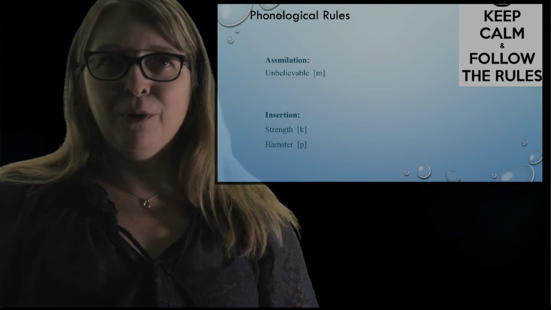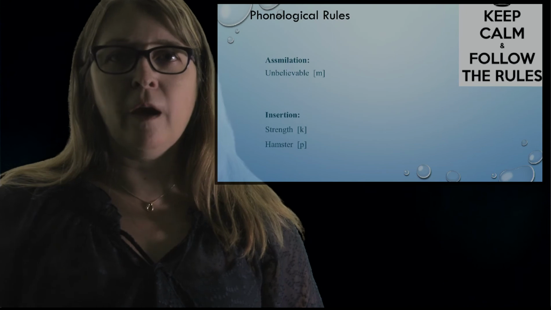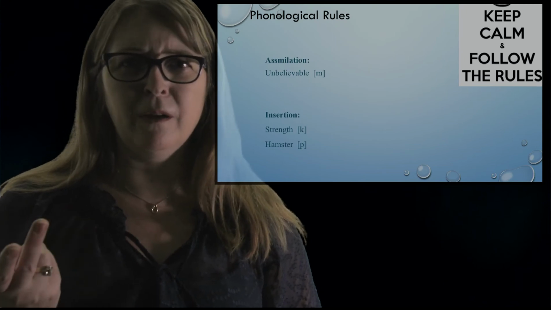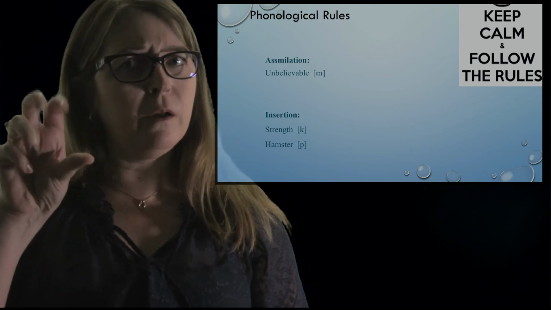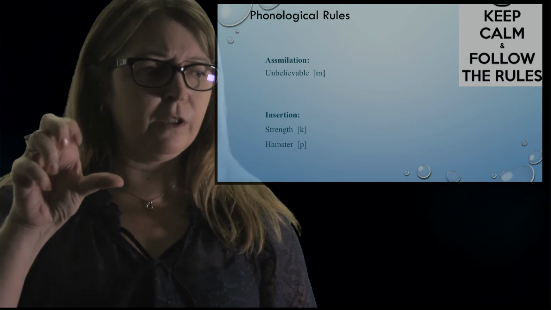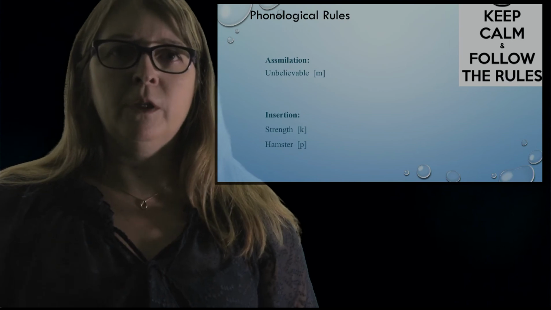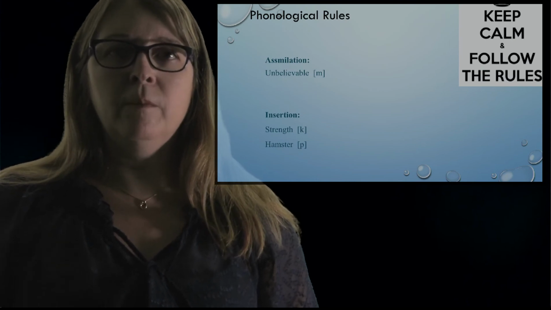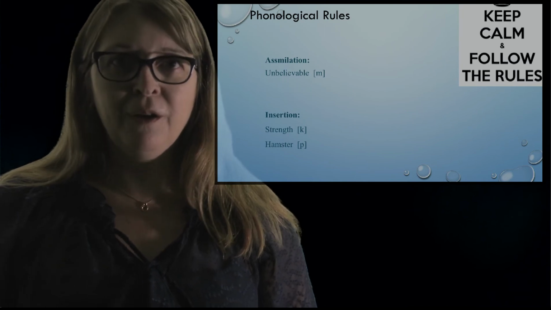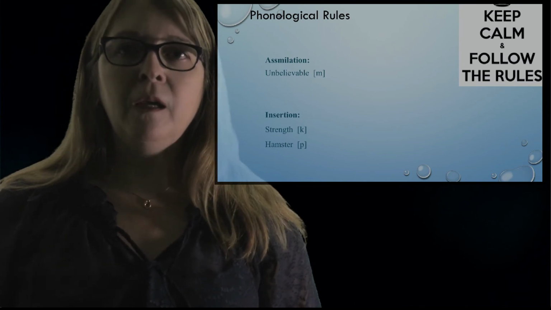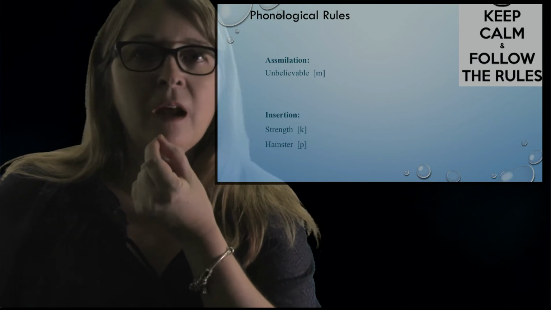This is one of my favorite parts. Phonological rules. So this is how we end up saying something that is really not how it is spelled, how it is prescriptively thought of. We have assimilation. So unbelievable becomes umbelievable, right? Because the B is bilabial and the N is not.